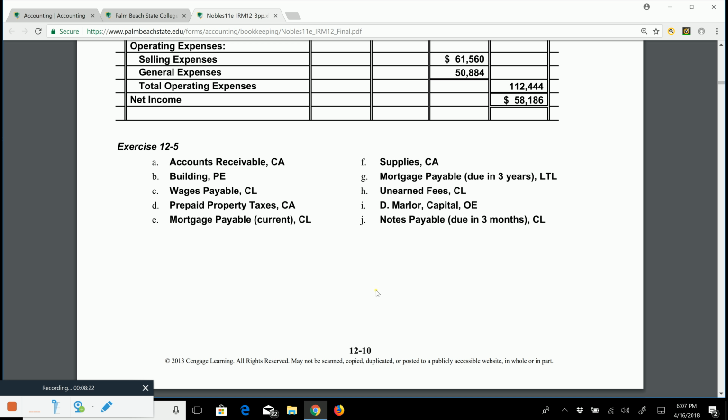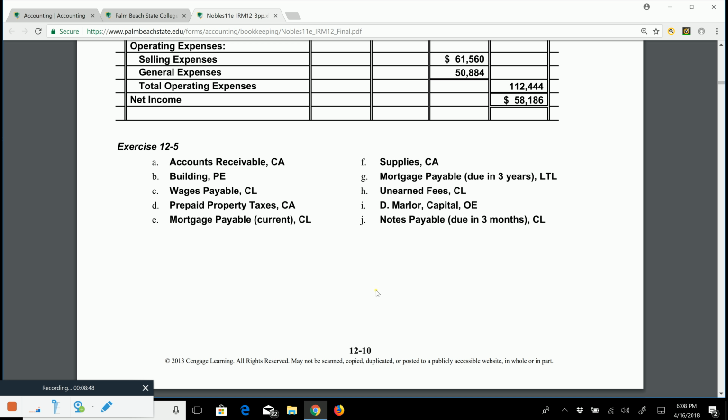All right, let's work our way back up to F, supplies. This is an asset. Typically, those supplies are going to be used up in the very near future. Therefore, it would be a current asset. We've got unearned fees. That is like the unearned revenue, where we collected in advance from our customer before we provided any goods or services to them.